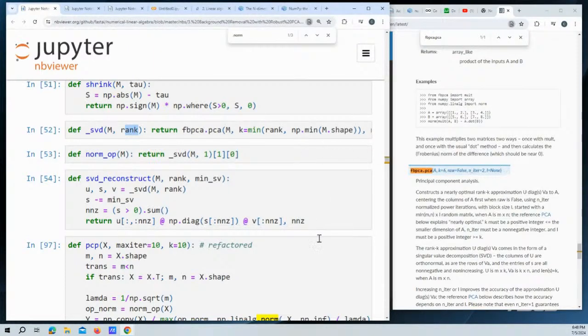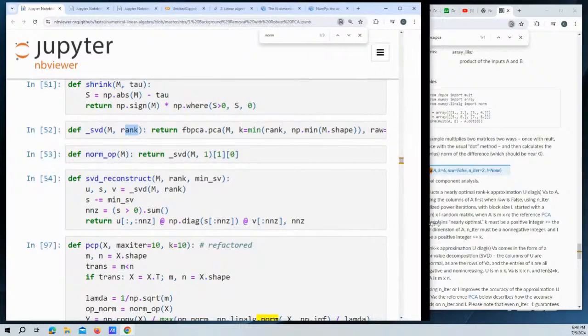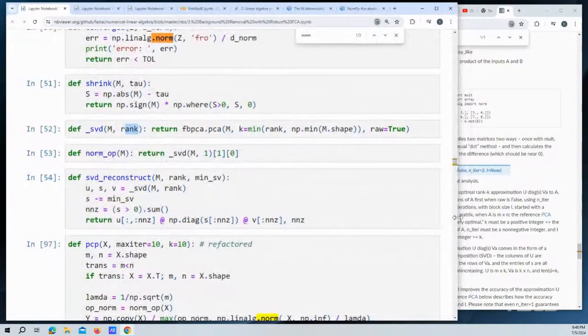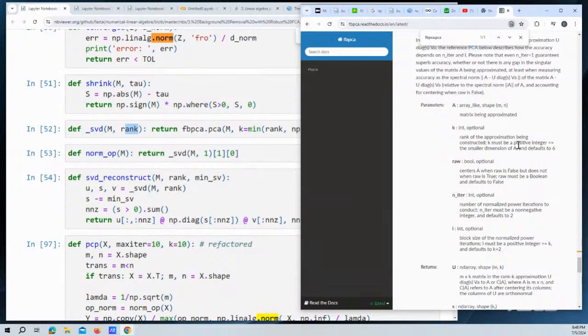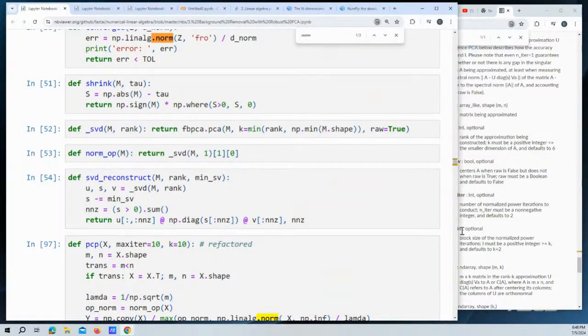The other given here was raw equals true. What does raw equals true do for us? Centers A. That just gives us center. Okay. Whoa, my brain. So we got through this. So we know what this is doing. They're getting the minimal rank of the minimal shape of 1.